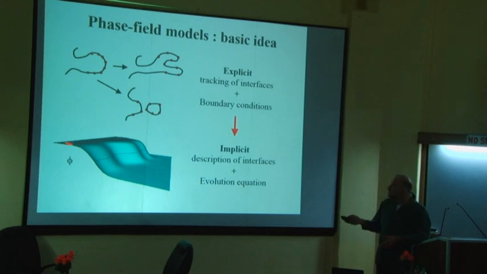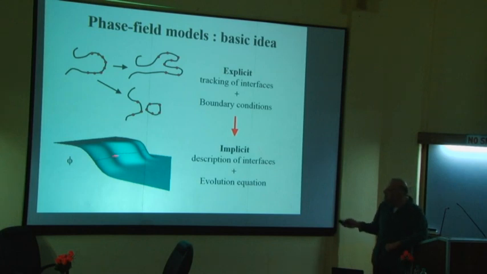It has one value in one phase, the other value in the other phase, and it varies through the interface in such a smooth manner. And then the interface will be just the point at the center of the interface here. So it's this black line, which is a level set of this phase field function.